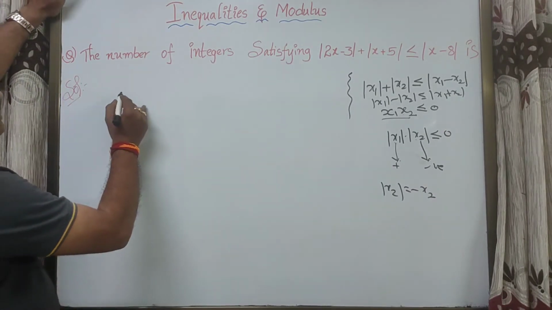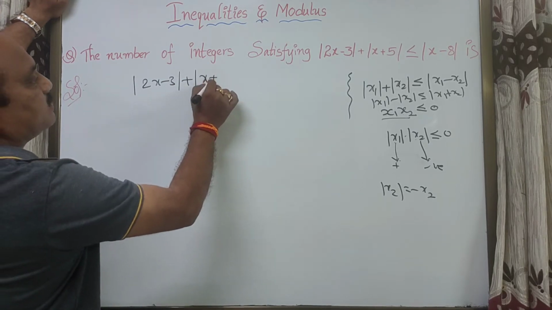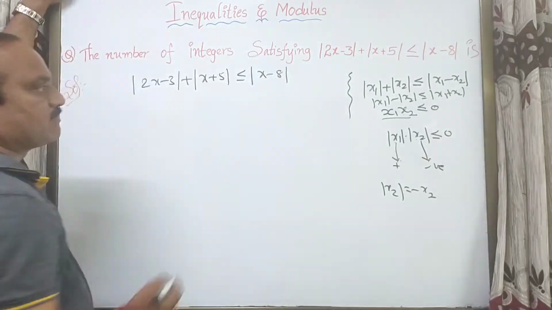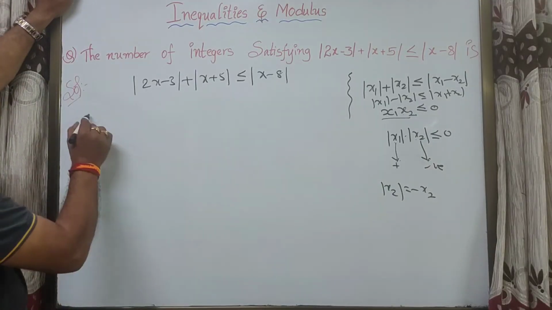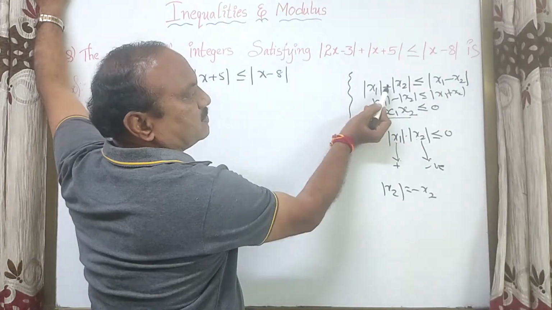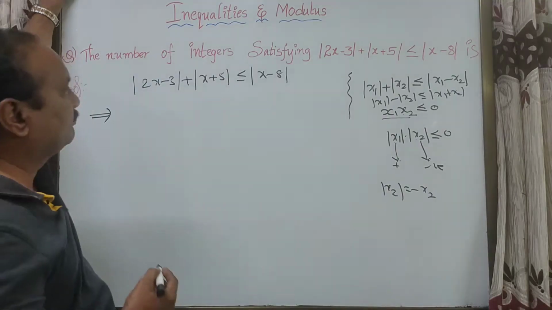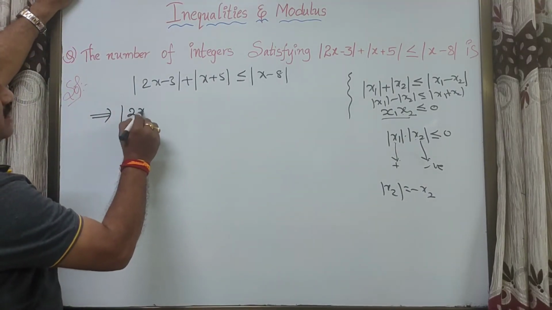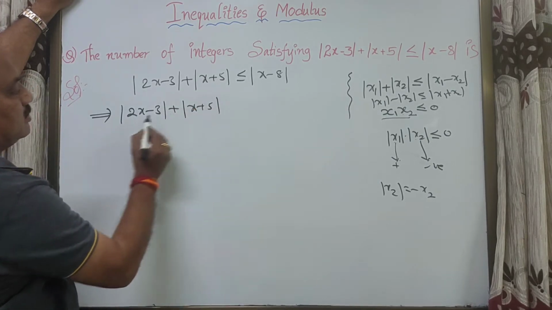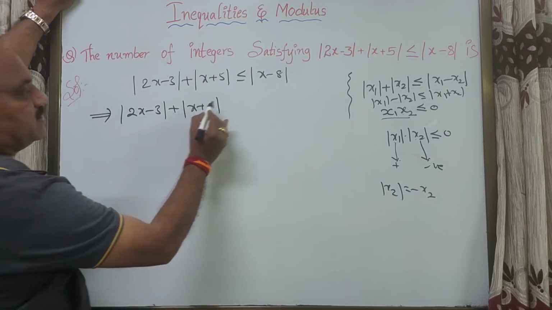What is the condition given? |2x - 3| + |x + 5| ≤ |x - 8|. Students, our shortcut point is |x1| + |x2| ≤ |x1 - x2|. So make this inequality like this. Here 2x - 3 plus x + 5.